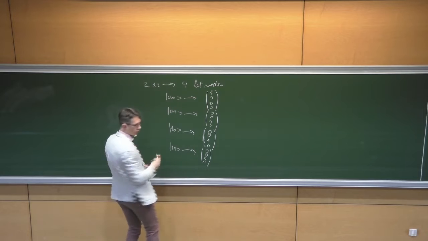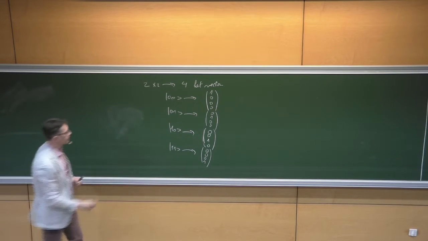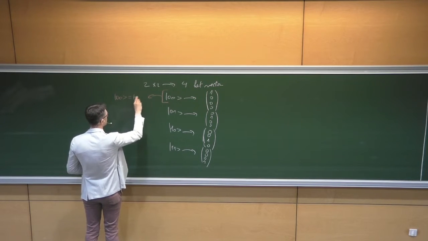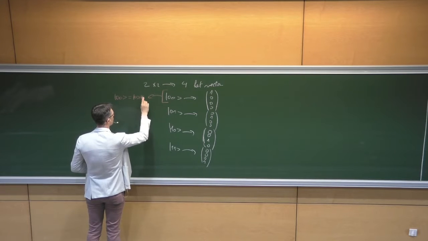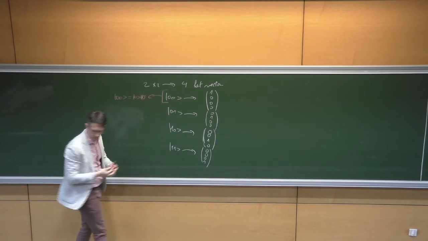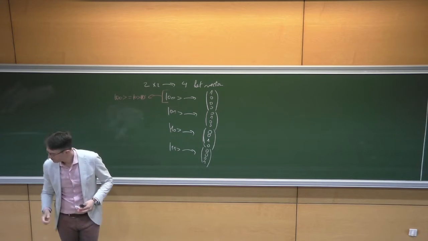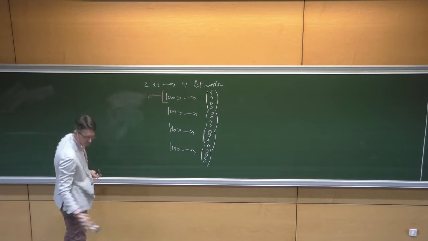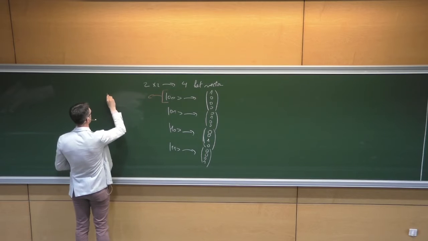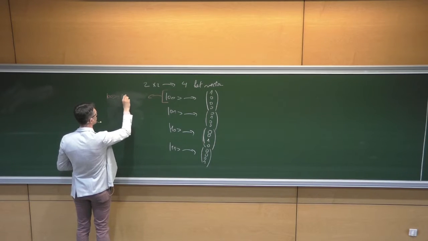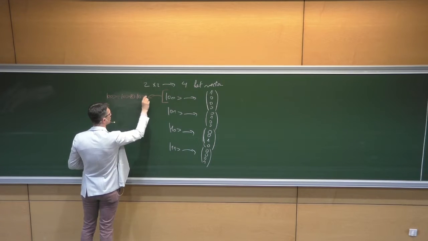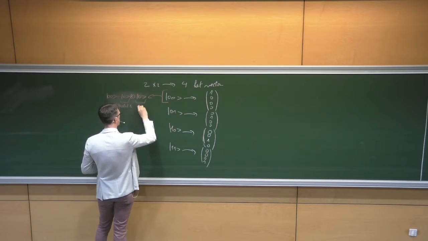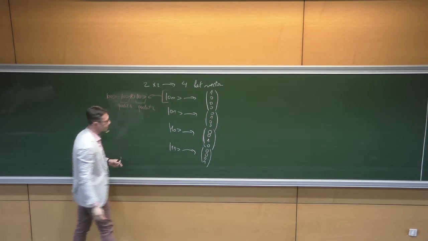So for this one, we have 0, 0, which is already, as it is, a tensor product of qubit 1 and qubit 2.